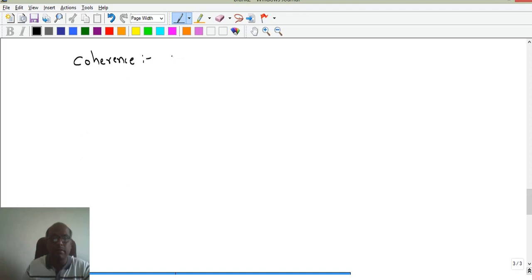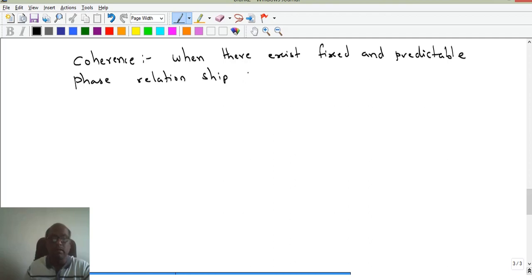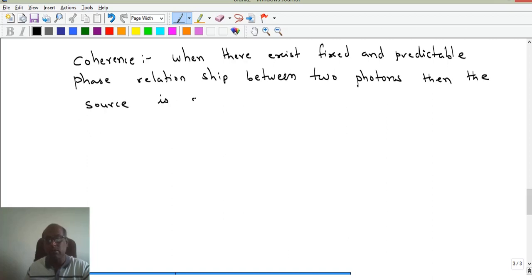How can we define coherence? When there exists a fixed and predictable phase relationship between two photons, then the source is said to be coherent in nature.